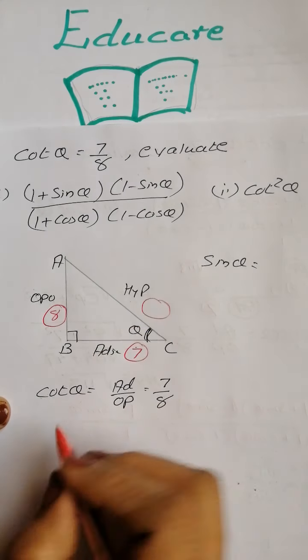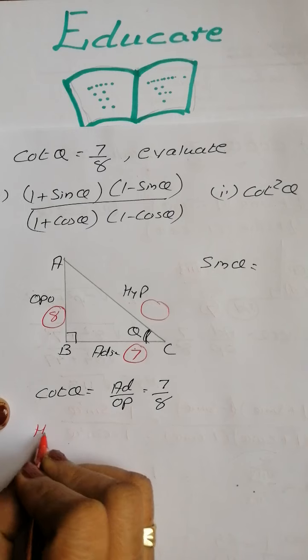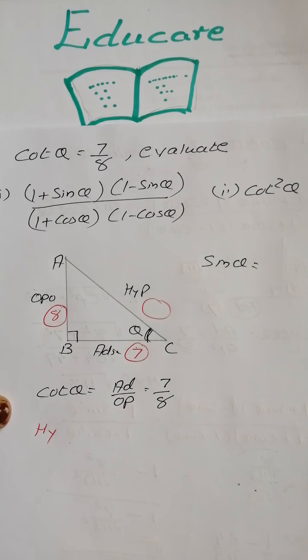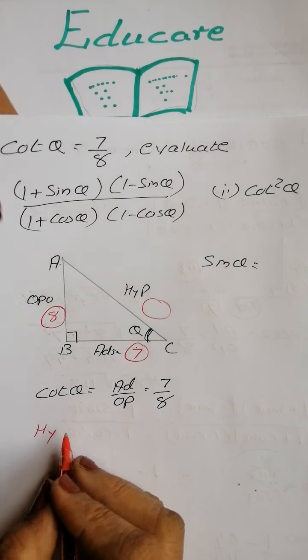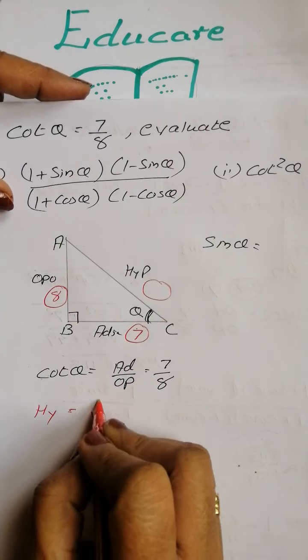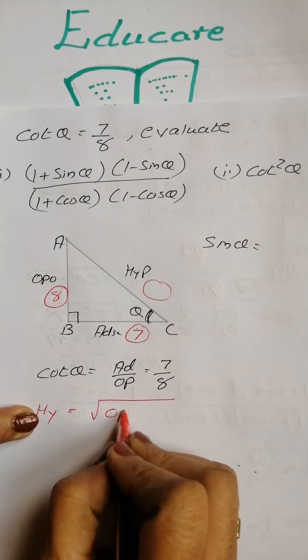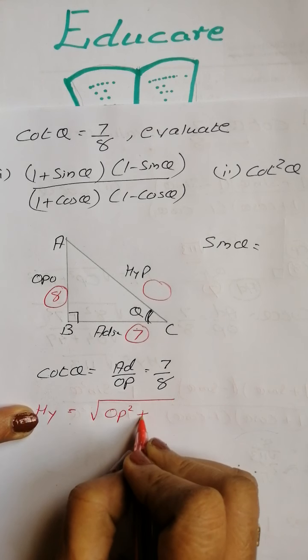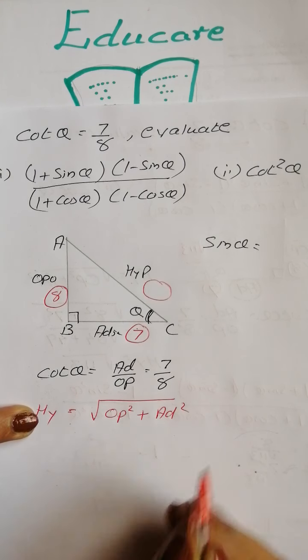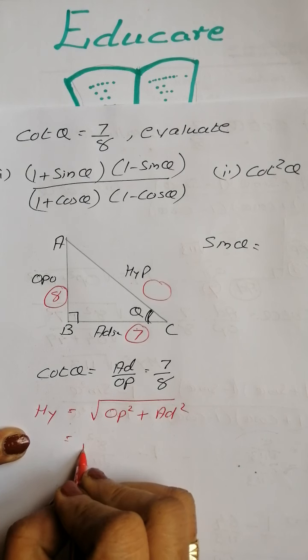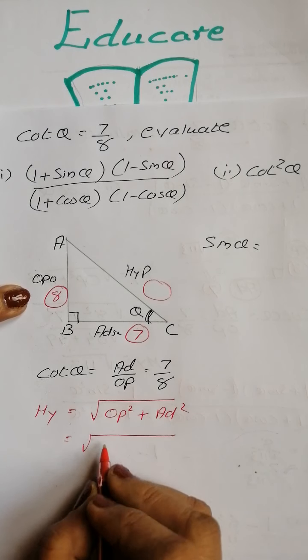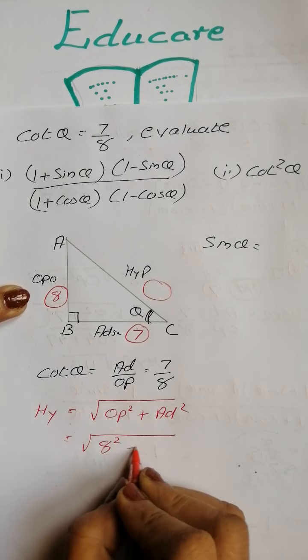Is it not? Just come to our Pythagoras theorem. Hypotenuse is equal to root of opposite square plus adjacent square. Got it? And what is opposite here? Yes, 8 square.